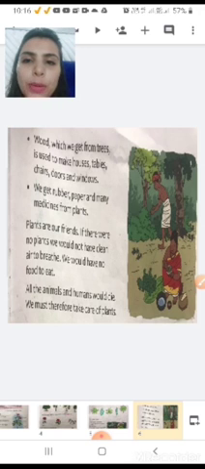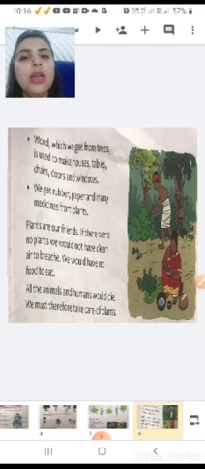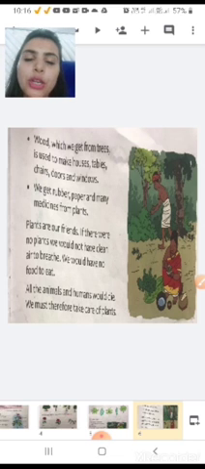If there is no plant, we are not able to eat anything, and also we do not get clean fresh air to breathe. If there is no plant, no one gets food and air to breathe, so we must therefore take care of the plants.